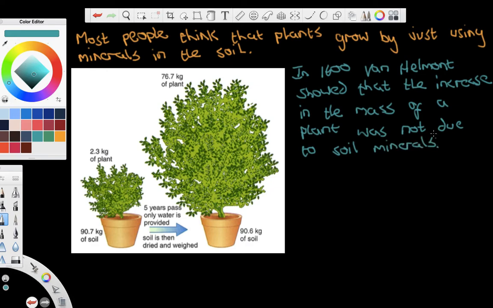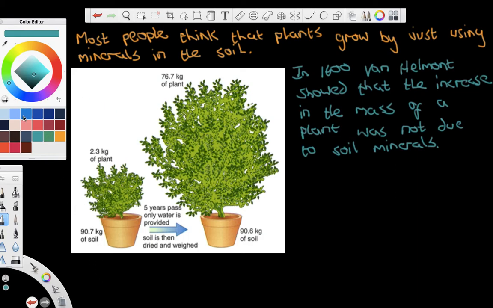And essentially what he did was, as I've said, he weighed a plant, planted it in a set mass of soil. He left the plant to grow for 5 years. He provided it only with water. And then he removed the plant, removed the water from the soil and reweighed it. He found that the soil remained fairly constant. The mass of the soil didn't really change much over 5 years, but the mass of the plant did. The plant got much bigger.